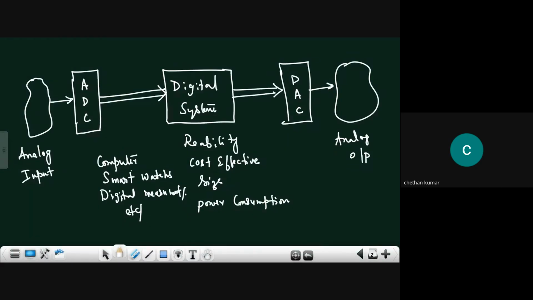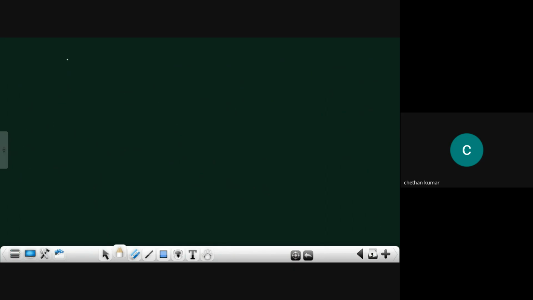If you take a computer, what digital components does it consist of? A central processing unit, then memory, then input-output interfaces and devices. This we call systems.